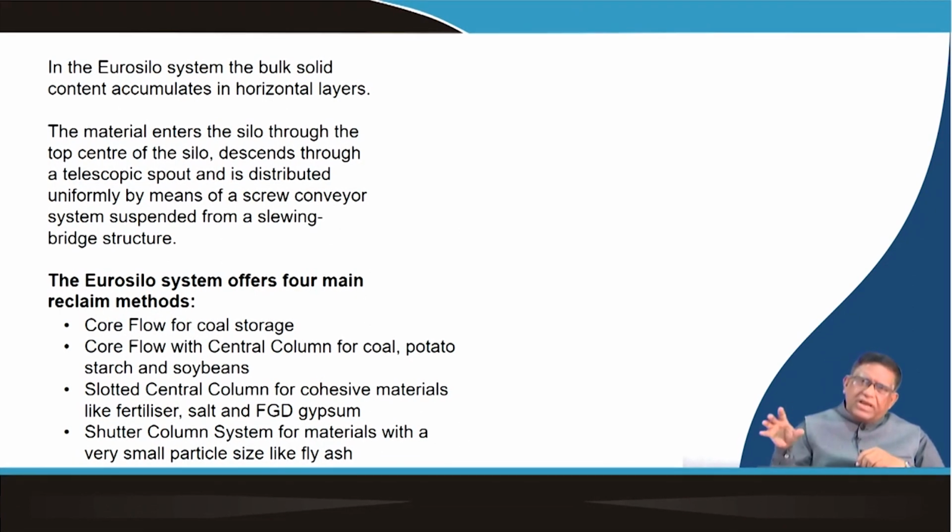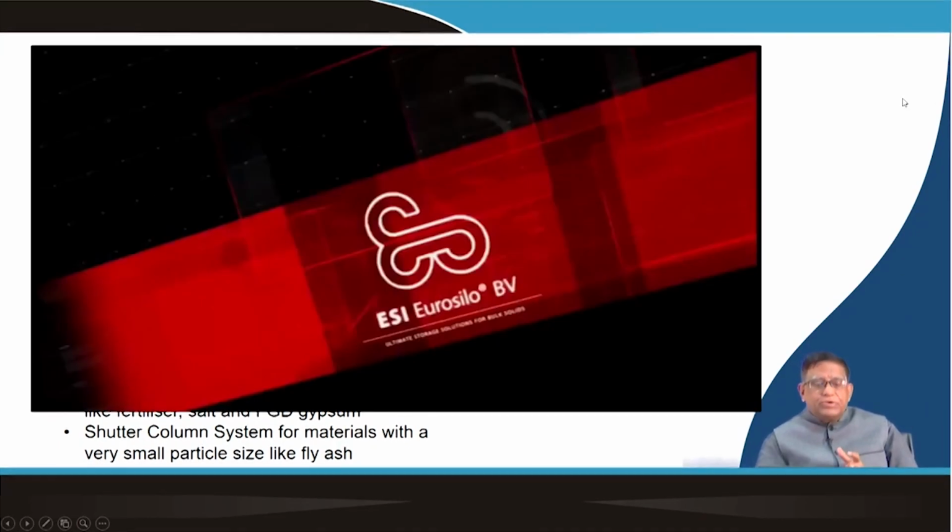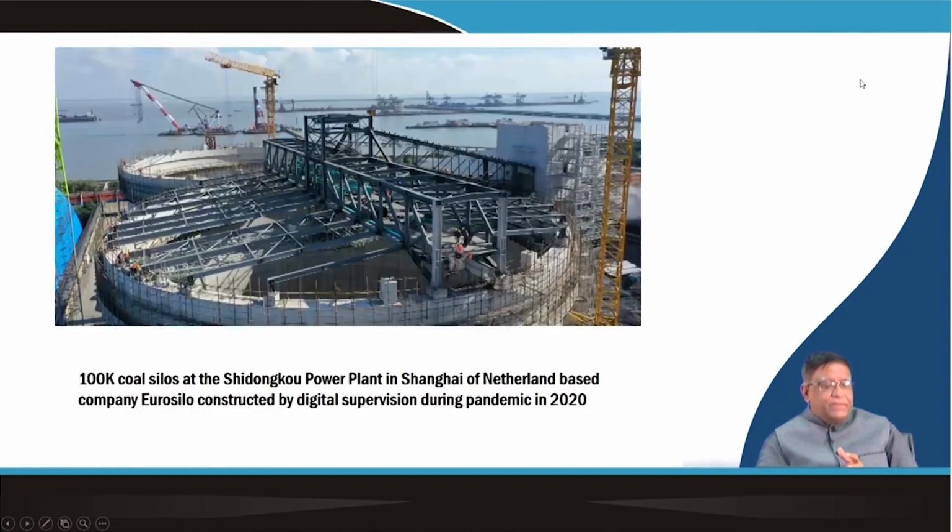In a coal silo, an iron ore silo, or with flue gas desulfurization product such as manufactured gypsum, which is a very sticky material, how will it be handled? For that, a different type of silo design is used, and you can see some of the diagrams; there is a lot of information available.